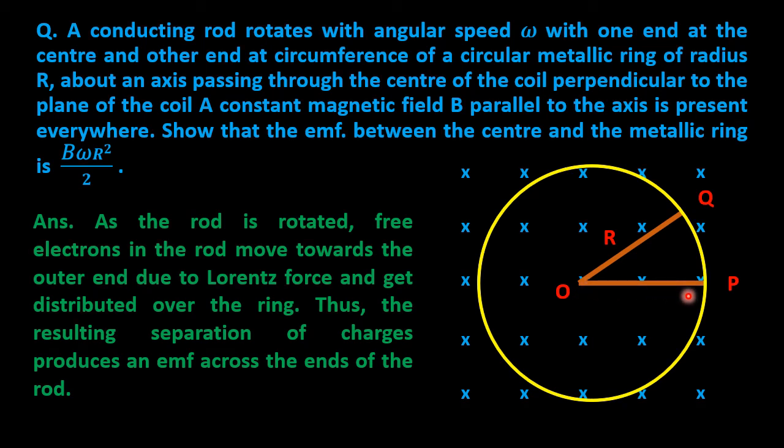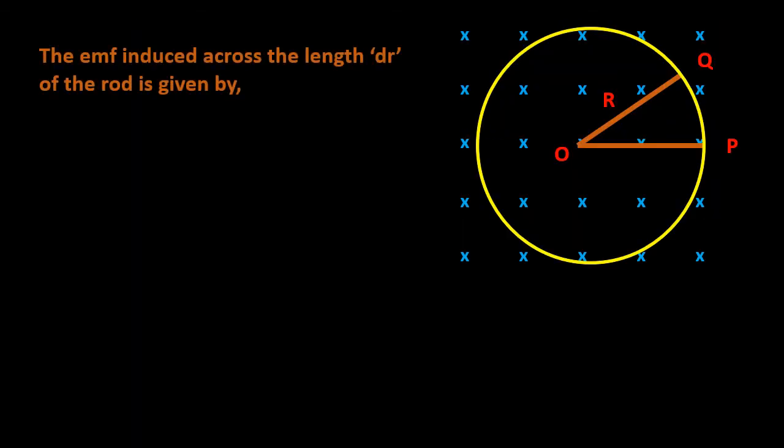So now let us derive the expression for the induced EMF. The EMF induced across the length dr of the rod is given by, so here we consider a very small length of the rod denoted by dr. Then the EMF induced by a small length of the rod will be small, so we represent it by dE.